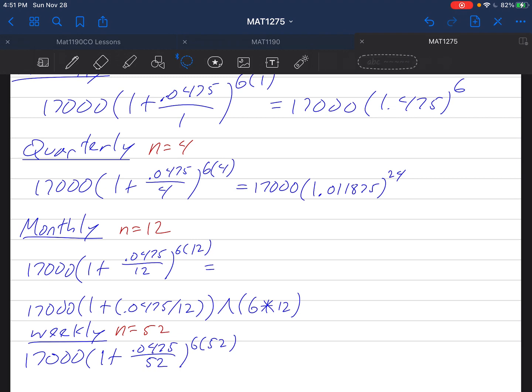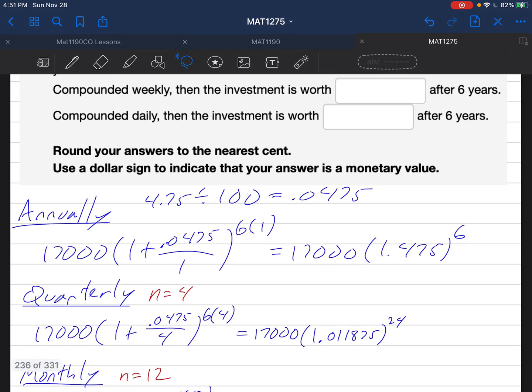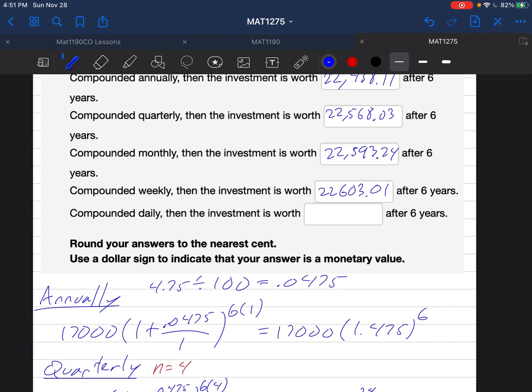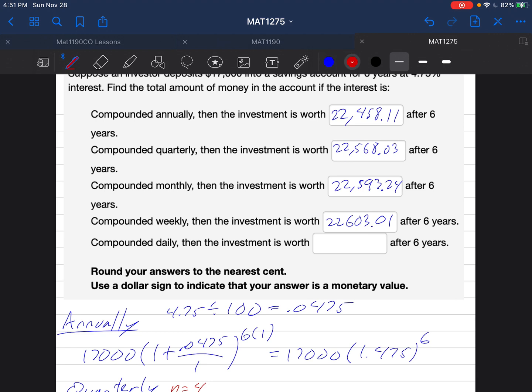Right? Once again, find out which calculator you're using and put it into the calculator like so, essentially replacing 12 with 52 in both of those cases. And your answer should be $22,603.01, right? So again, as we see n creeping up, n equals 1, n equals 4, n equals 12, n equals 52, and n is going to equal 365.